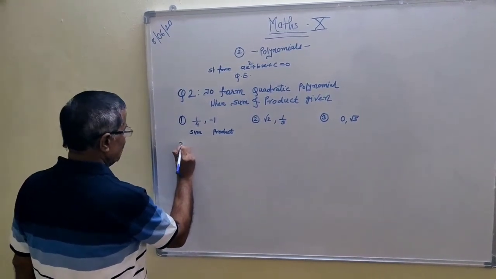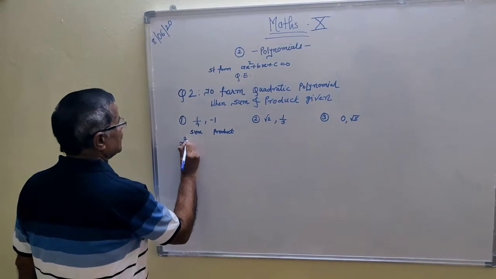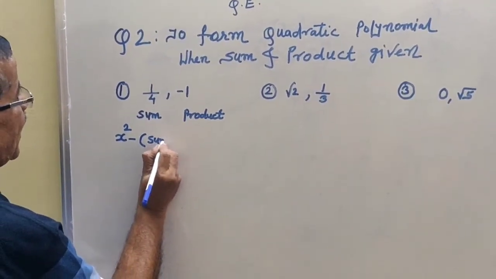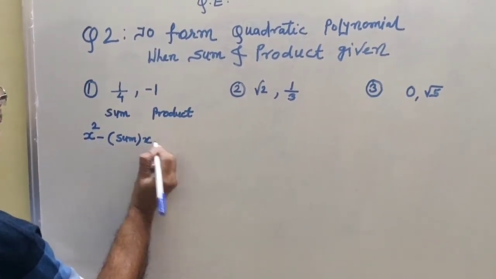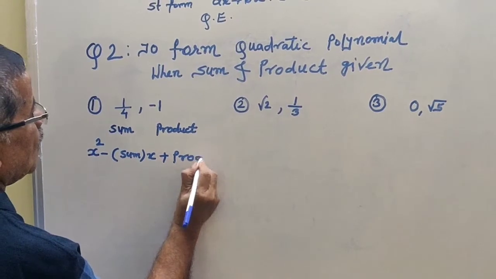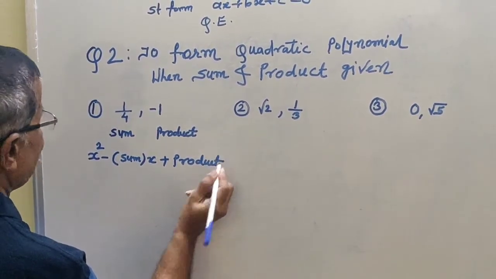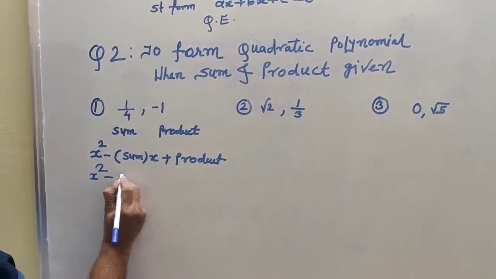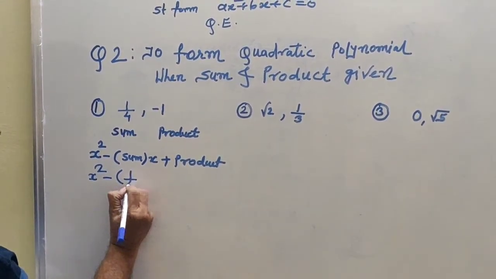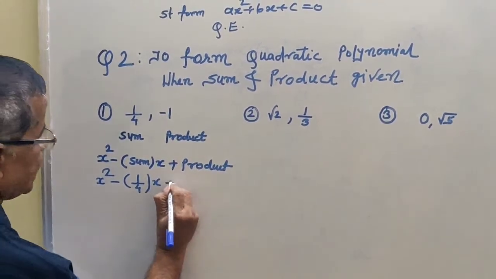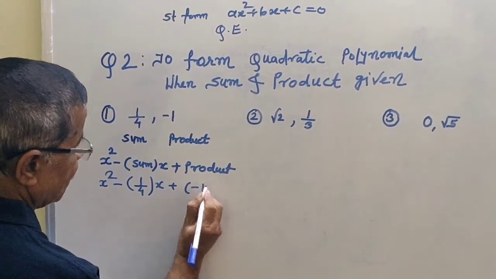The standard form of this is x square minus sum into x plus product. Now I will substitute the values: x square minus 1 by 4 into x plus product, which is minus 1.